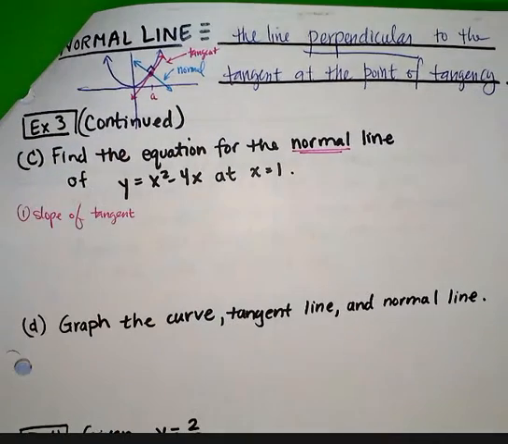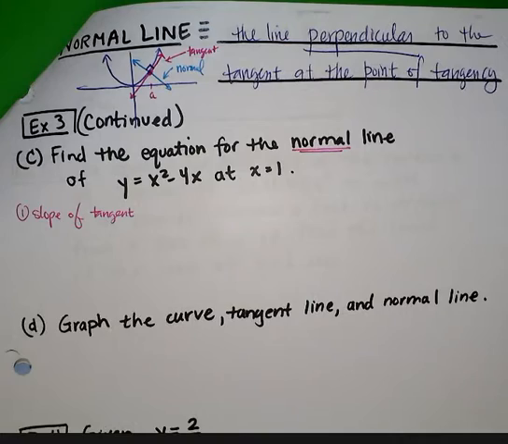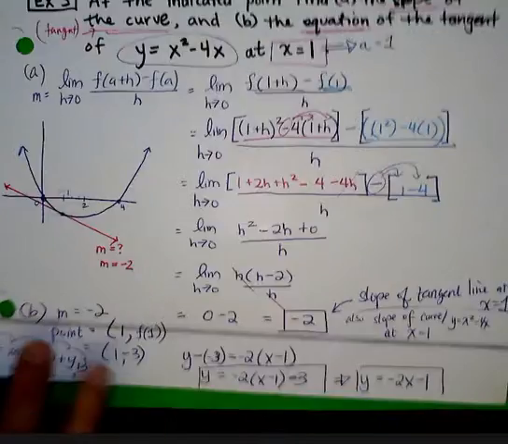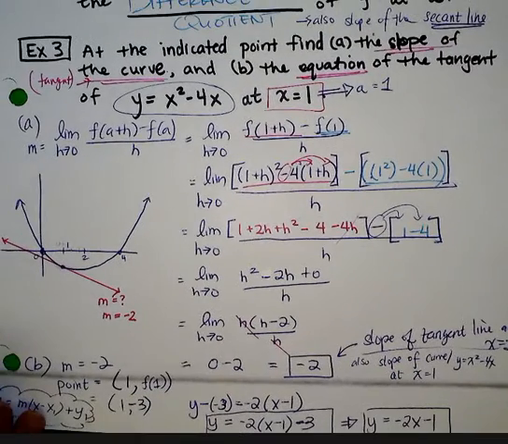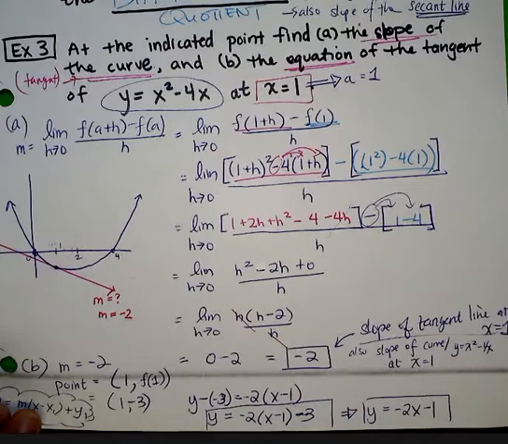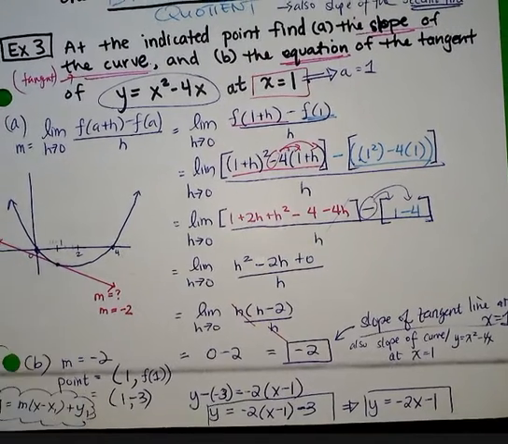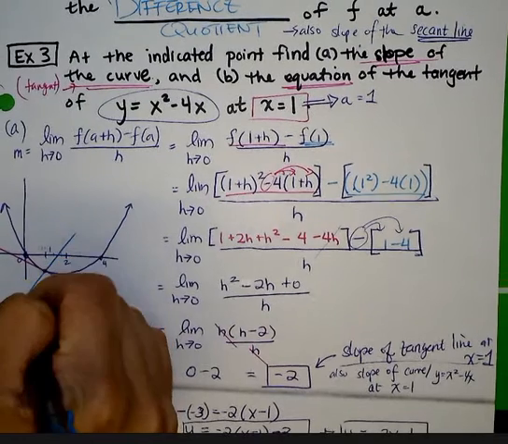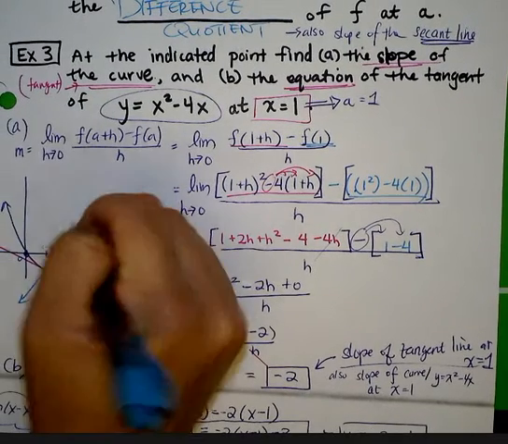Okay, and if I could just find the slope of the tangent, wait a minute, is this the same problem that we did yesterday? It sure is. So we already know how to find the slope of the tangent, right? The slope of the tangent is -2, okay? All they're asking me to do is to find this one. Right?